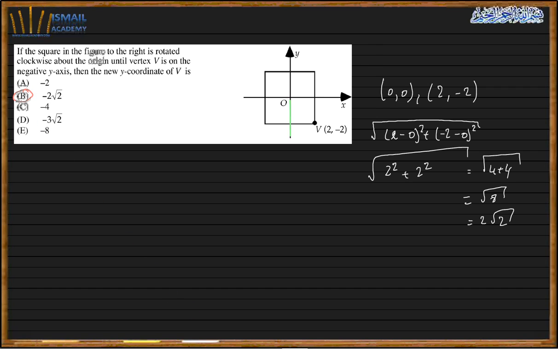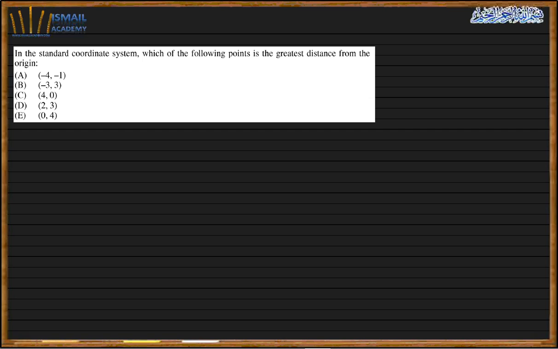Next question. In the standard coordinate system, which of the following points is the greatest distance from the origin? I'm going to find the distance between the origin and the point.